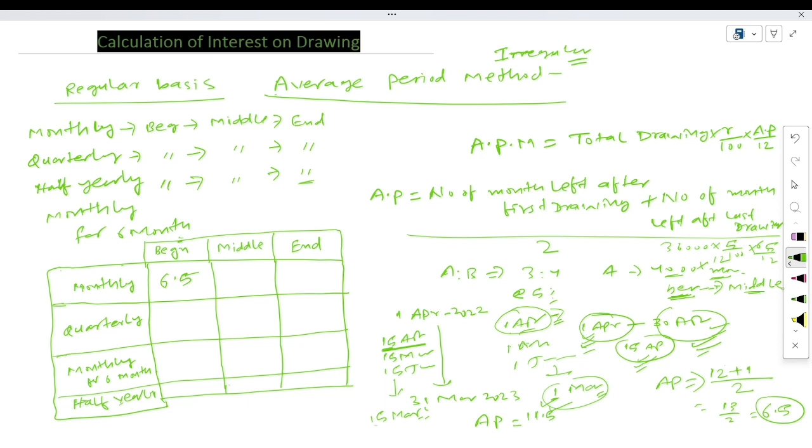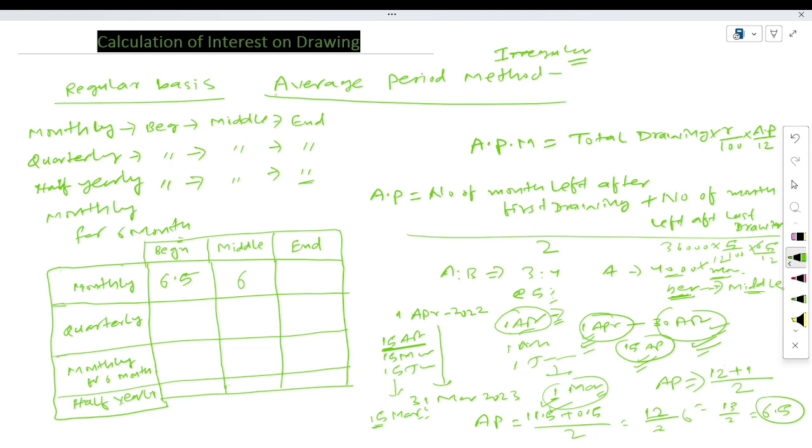When last drawing is happening on 15th March, it means 0.5 month, upon 2. Then 11.5 plus 0.5 is 12, upon 2, it means 6. Here the average period will be 6.